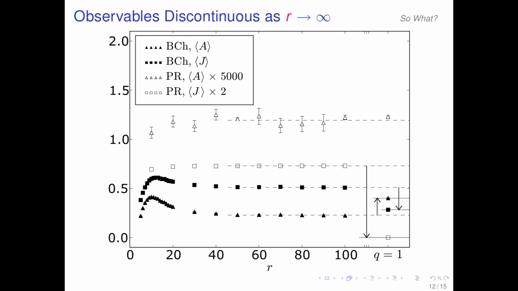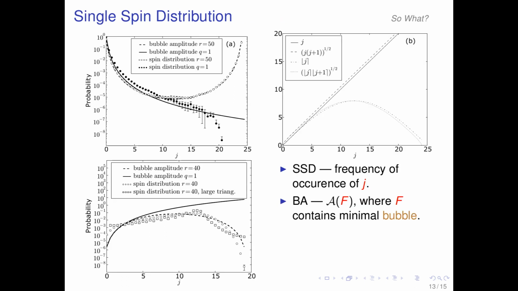Notice here that in some cases we have agreement with the limit, but in some cases we don't. This is very puzzling, and a little at odds with the interpretation that the q deformation parameter corresponds to a non-zero cosmological constant, because at least I would expect more continuous behavior than what we see here.